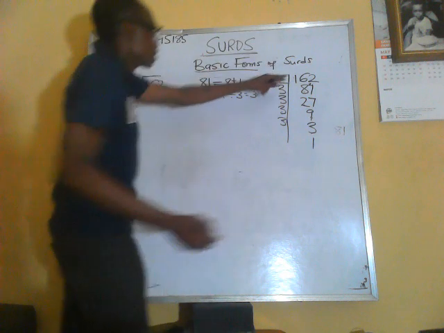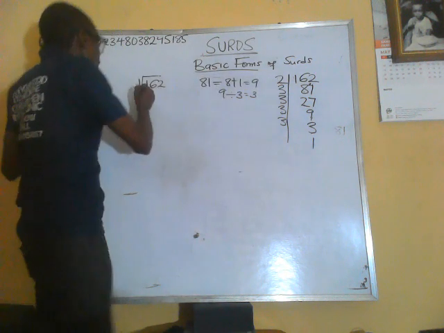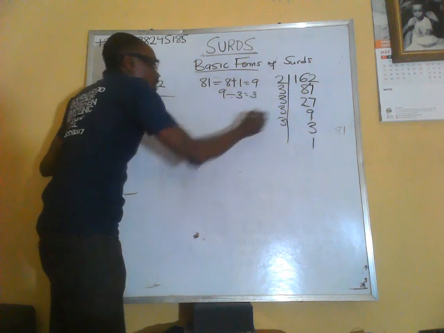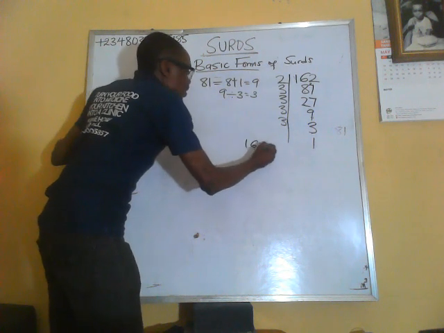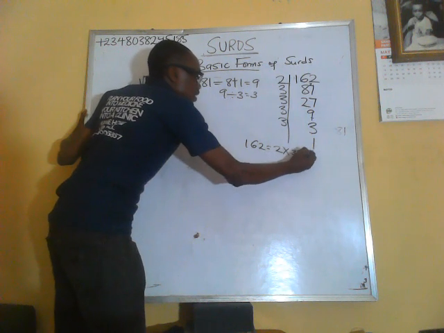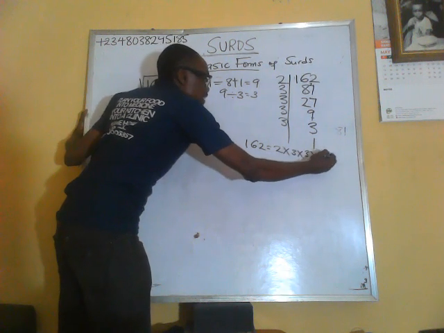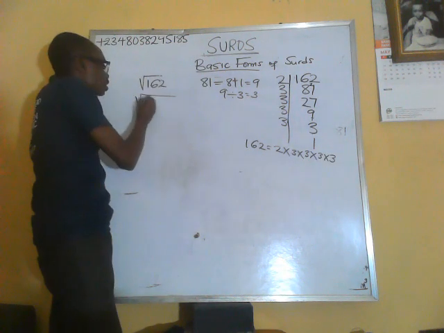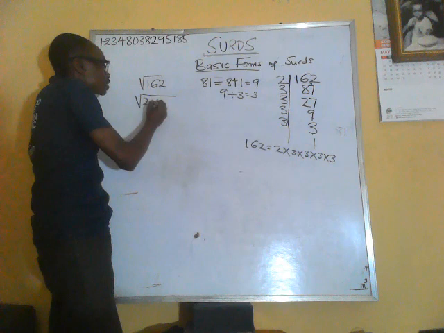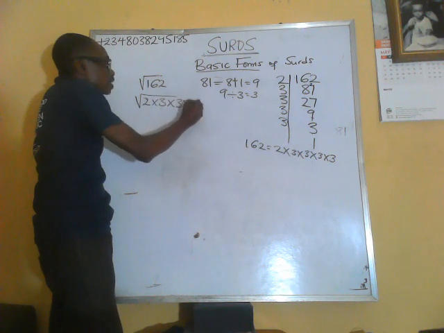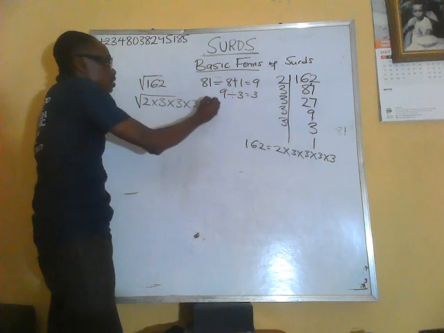So we can rewrite 162 as 2 times 3 times 3 times 3 times 3.